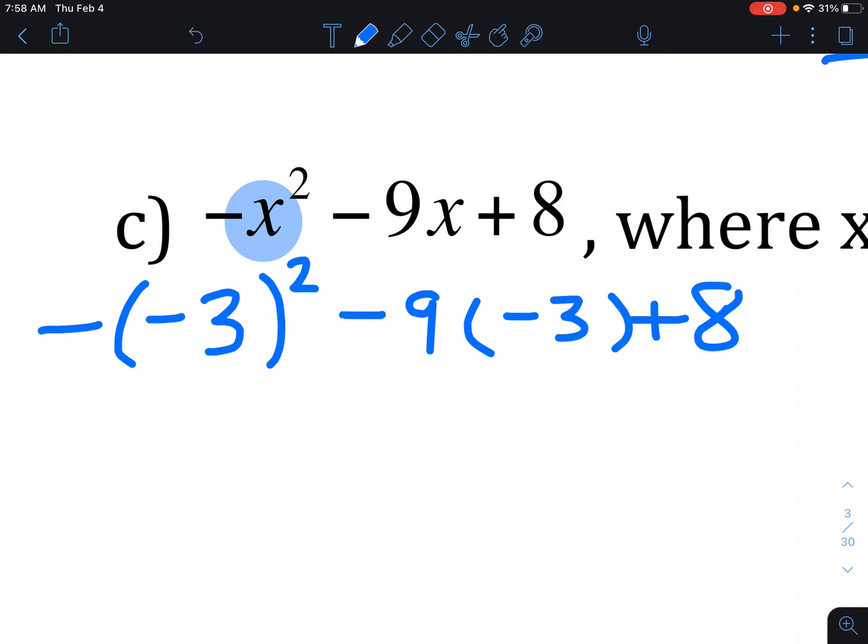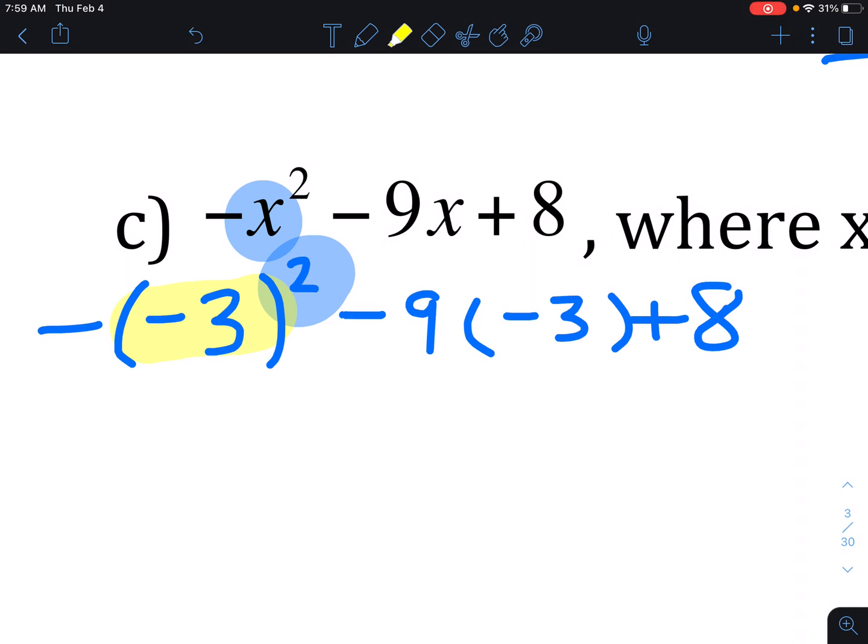And then from there, what do we do next? Well, we don't say parentheses here because each parentheses only has one number in it. So we actually go to exponents here. We have to stay strict. We have to do that squared. Now, what is going to be squared is this -3.